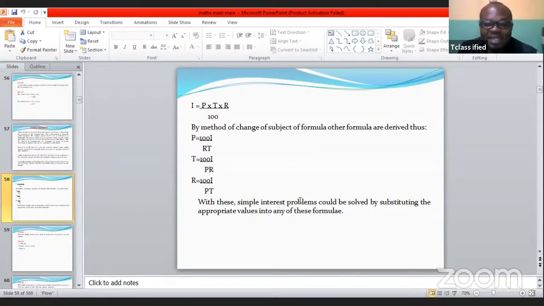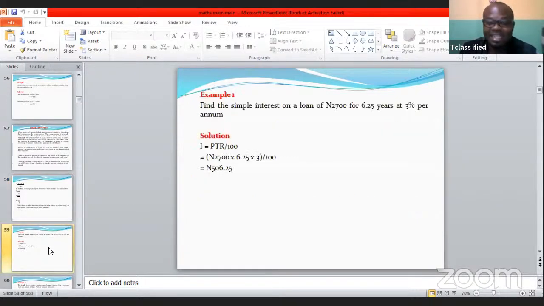Okay. With these, simple interest problems could be solved by substituting the appropriate values into any of these formulas. So let's take an example of these and be able to understand it much better. Here we have: find the simple interest on a loan of 2,700 naira for 6.25 years at 3% per annum rate.